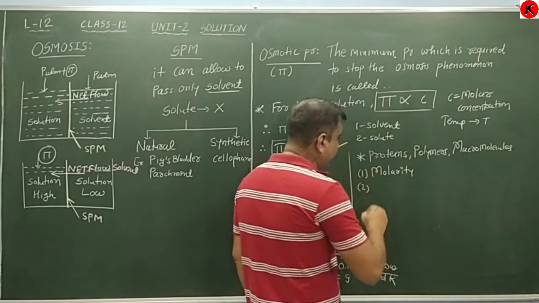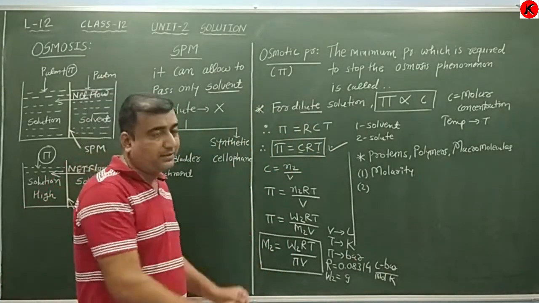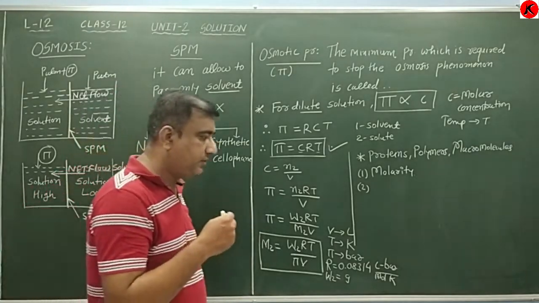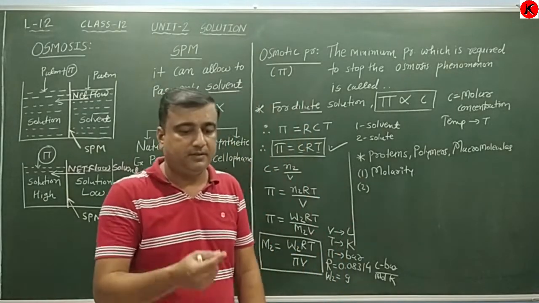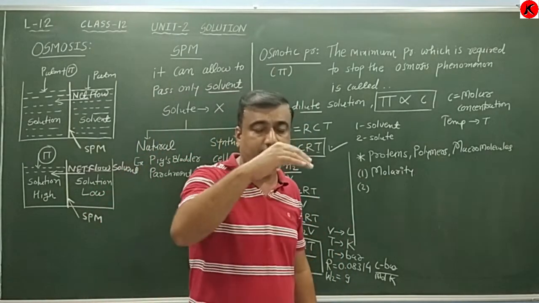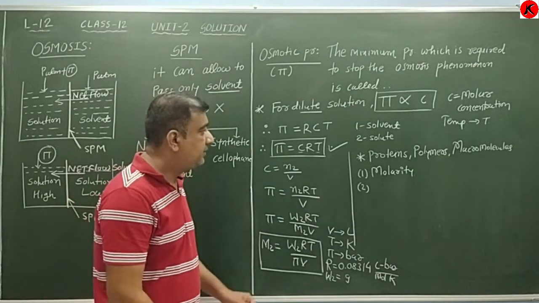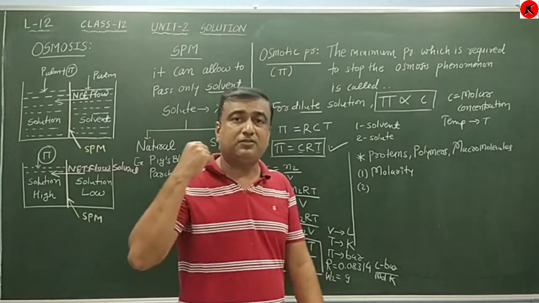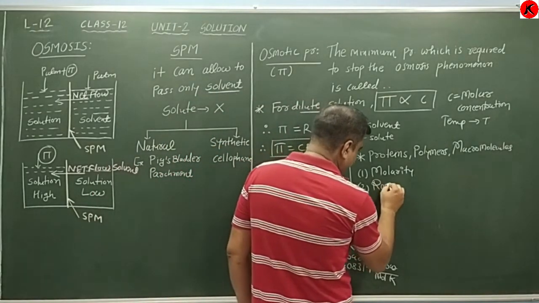Second advantage is that this method works at room temperature. Suppose in elevation in boiling point heating is required, in depression in freezing point we have to lower the temperature. Here heating and freezing is not required. That means this method works at room temperature.